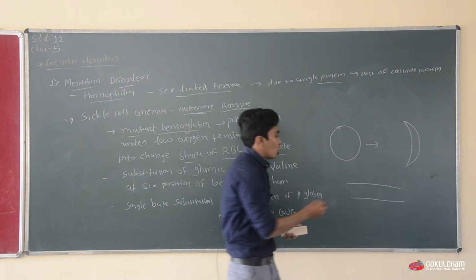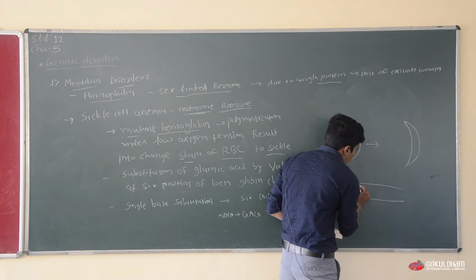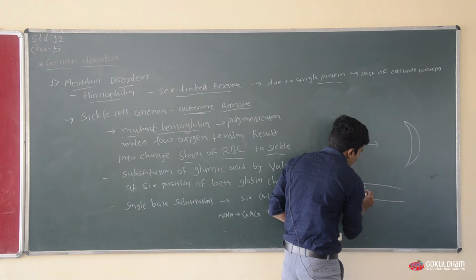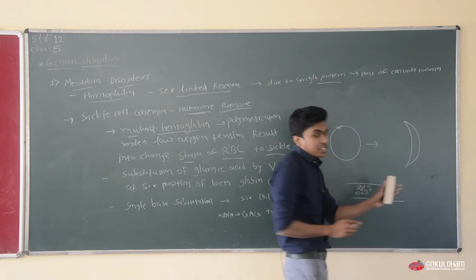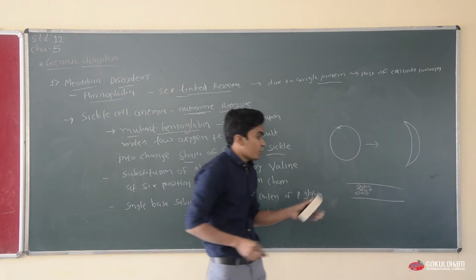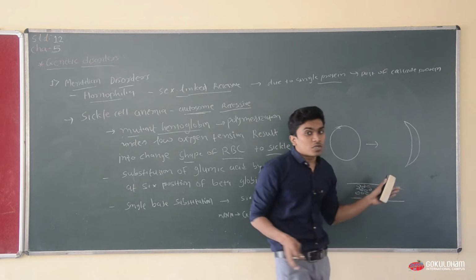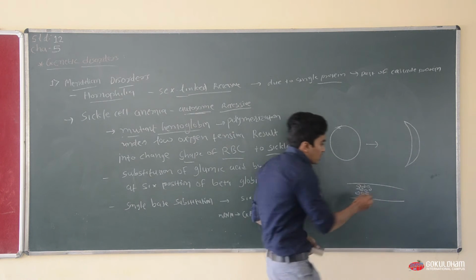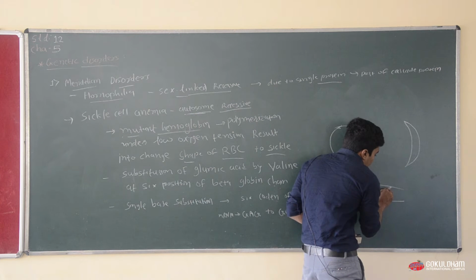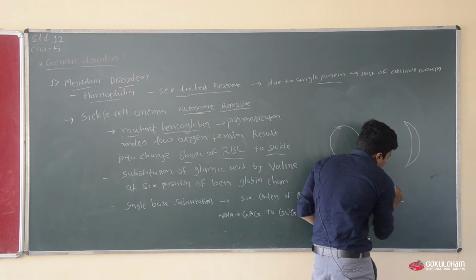Because in normal condition this RBC easily circulates in vessels or veins, whereas in sickle cell anemia the sickle shape has angular ends.